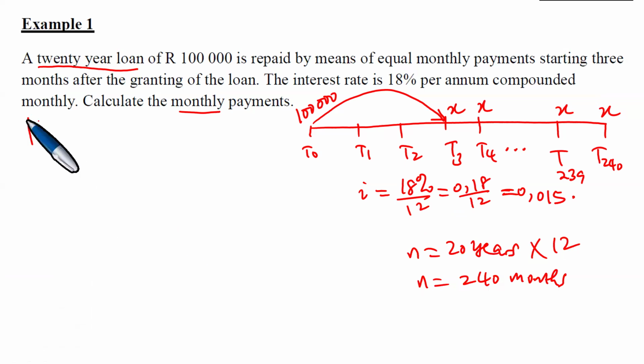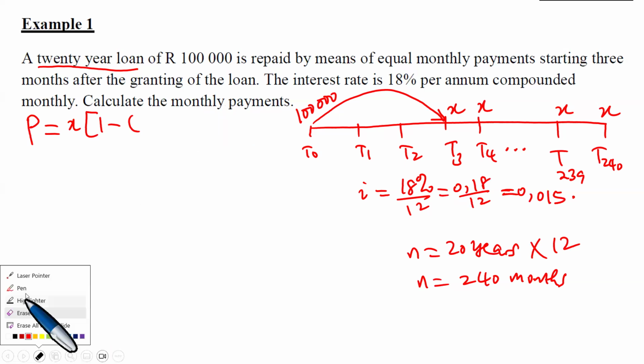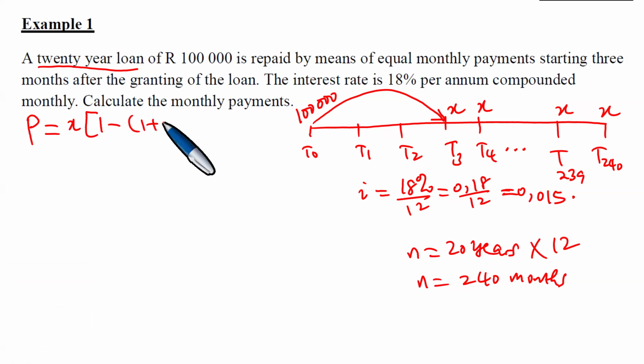So at the present value, it's X open bracket 1 minus 1 plus i raised to minus N, divided by i.